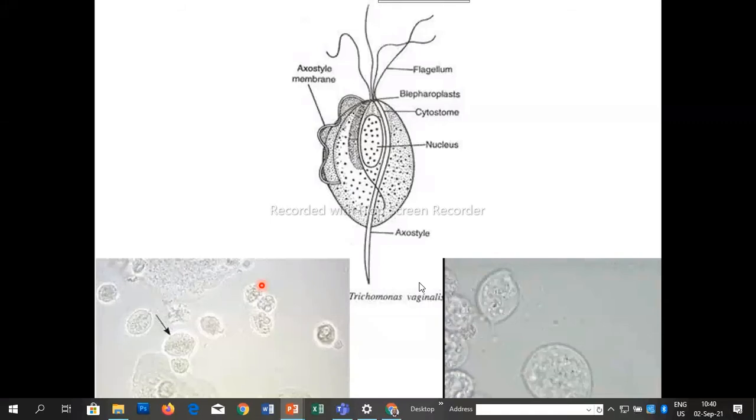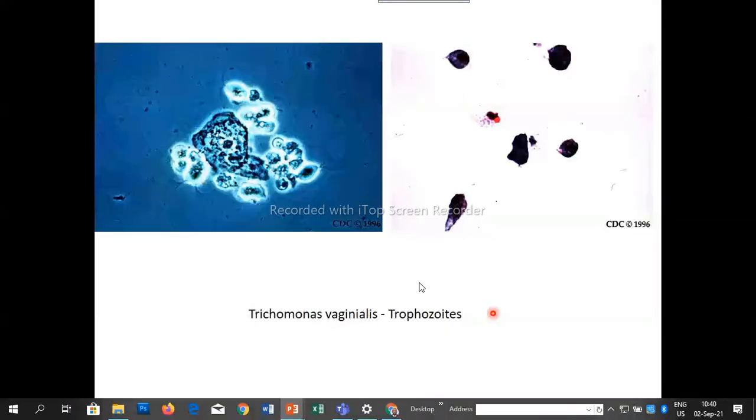Diagnostic stage is a trophozoite. So those are the flagella, and also we have this one, the undulating membrane, and this is an axostyle. This is how they look like on microscope from the vaginal secretion or vaginal swab or vaginal discharge.